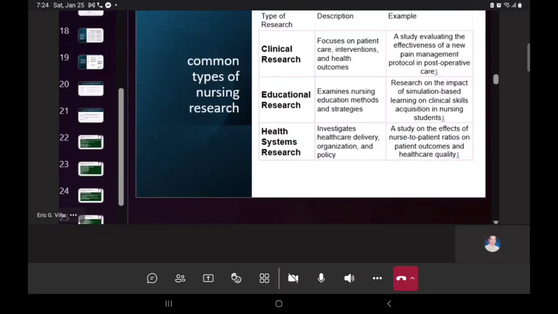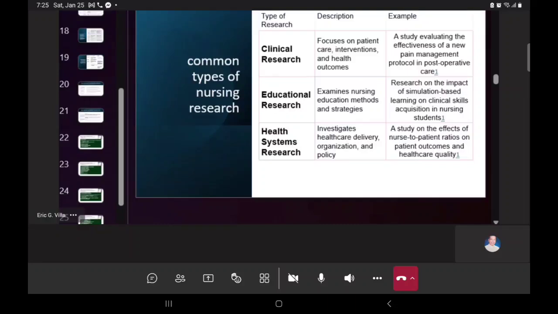An example of educational research might be a study on the effectiveness of simulation based learning in improving clinical skills acquisition among nursing students. The results of such research can inform curriculum development and teaching practices in nursing schools.